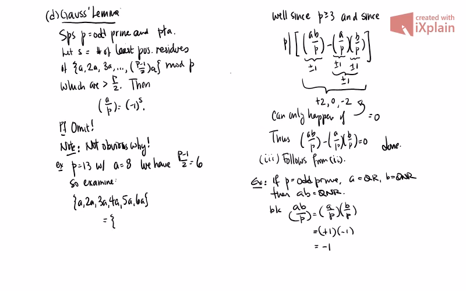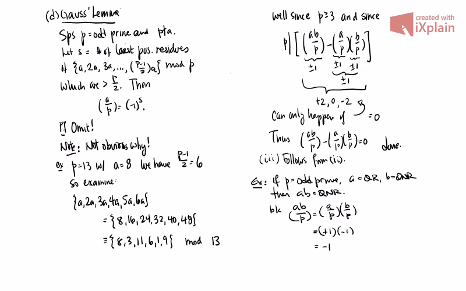So these are multiples of 8, which I'm going to reduce mod p, mod 13. So this becomes 8, 3, 11, 6, 1, 9.